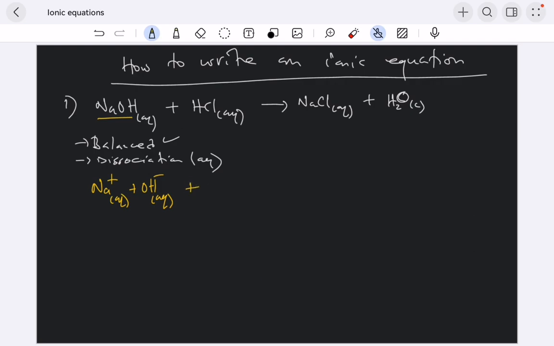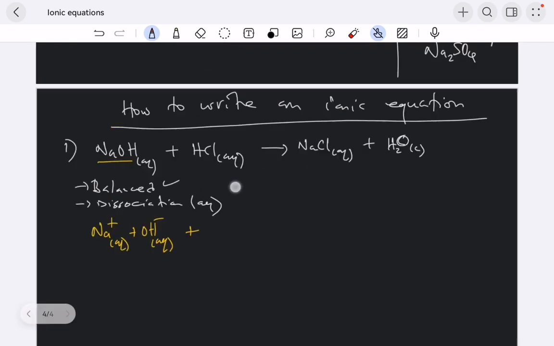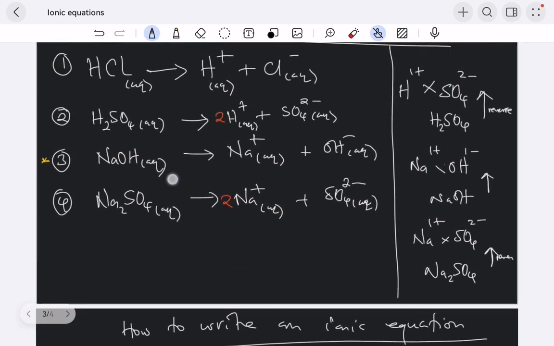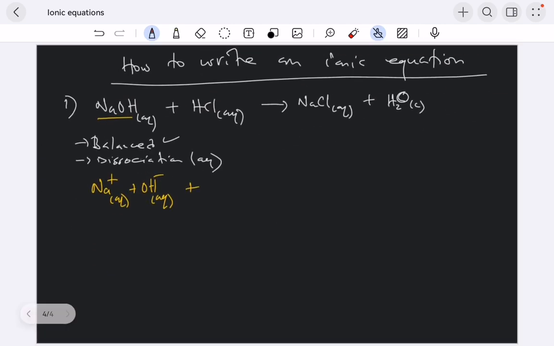Then plus, when we dissociate, allow me to use different colors, hydrochloric acid, when we go back, it's here. So dissociation of hydrochloric acid will give us H+ aqueous plus Cl- aqueous.